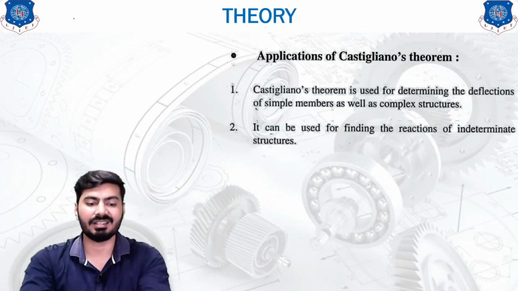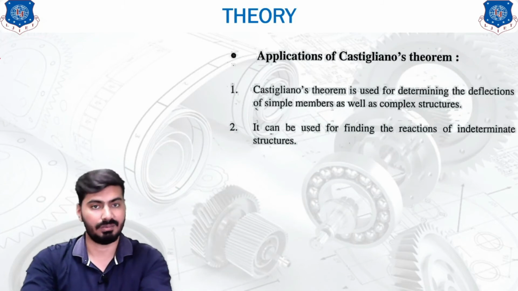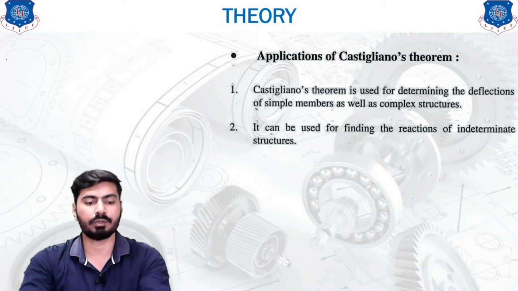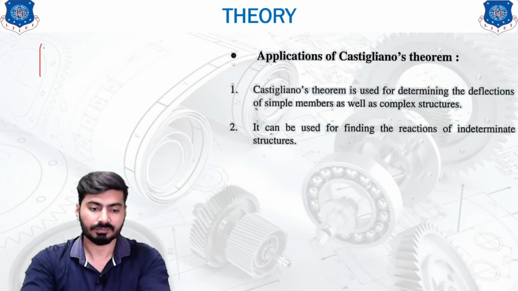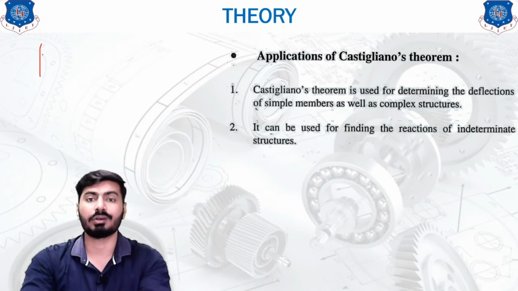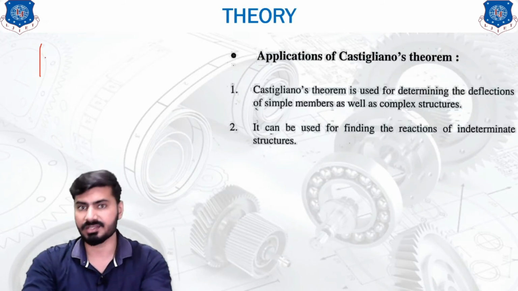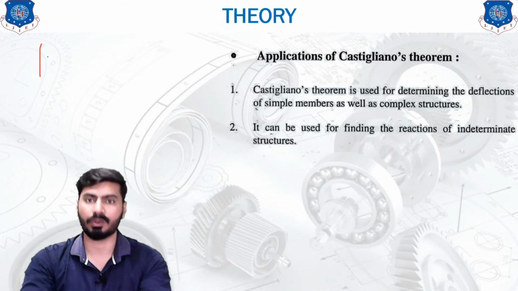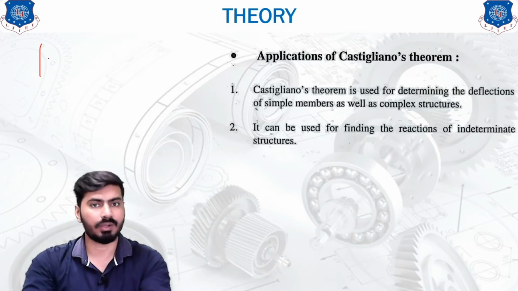Now, what are indeterminate structures? The structures which you are used to calculating in your examples are determinate structures. The structure in which you cannot simply apply the equations of engineering mechanics, the force equations and simple rules of force, in order to solve these examples, is known as an indeterminate structure.